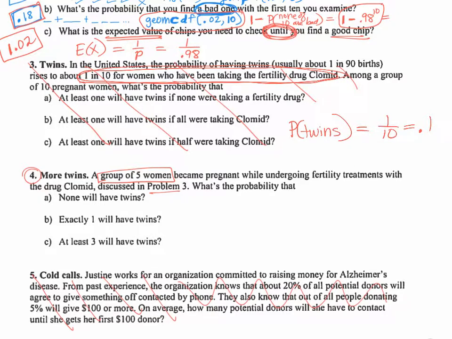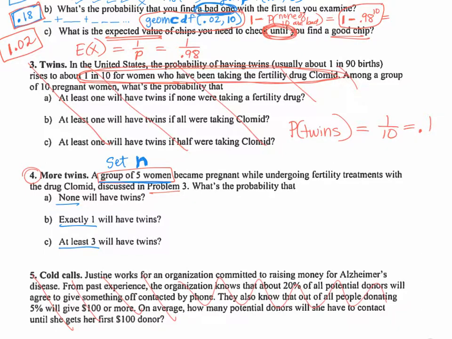So first, let's discuss this. Because this is out of 5 women, that's a set group, a set N. So we are going to be looking at a set number of 5 and then deciding what's the probability that there are no successes out of that 5, exactly 1 success out of that 5, or at least 3 successes out of that 5.